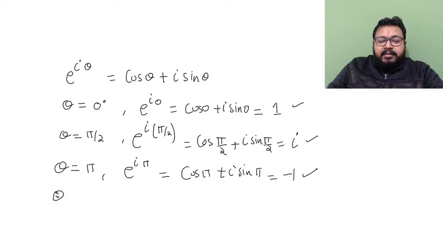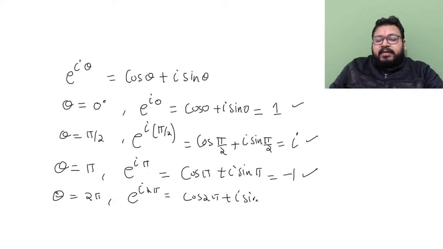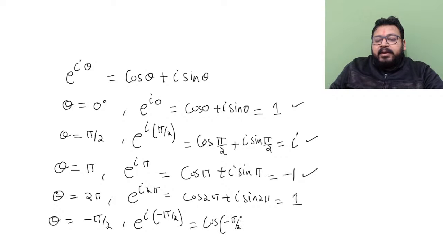If I take theta as 2 pi, e to the power iota 2 pi is cos of 2 pi plus iota sine of 2 pi, which is cos of 2 pi 1, sine 2 pi 0, so that becomes 1. If you take theta as minus pi by 2, then e to the power iota into minus pi by 2 is equal to cos of minus pi by 2 plus iota sine of minus pi by 2.